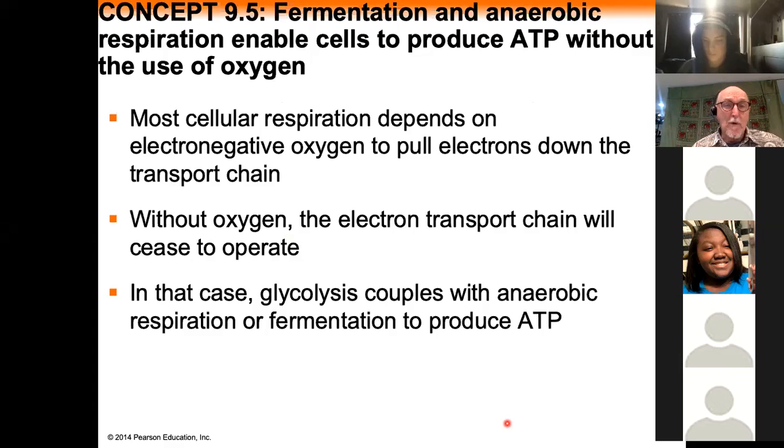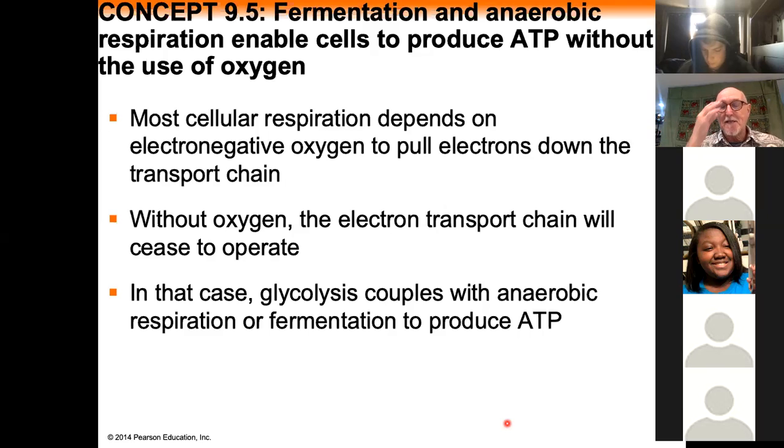We looked at that respiratory chain. We saw how the respiratory chain produces masses of ATP very efficiently because it uses electrons from electron donors like NADH and FADH2.